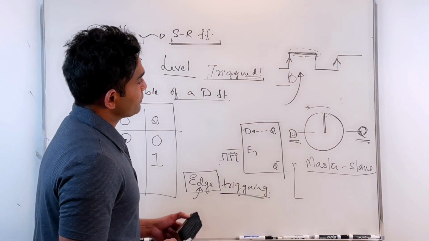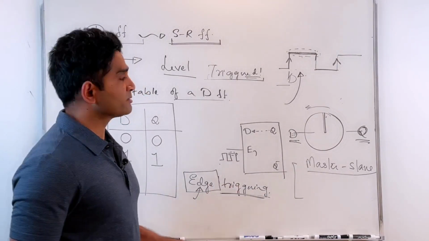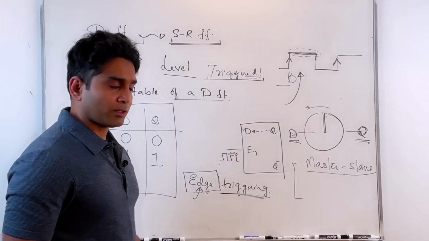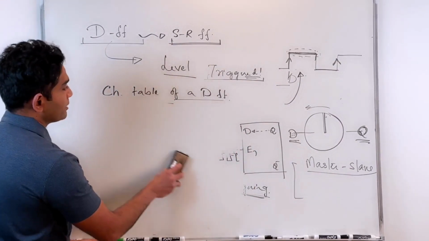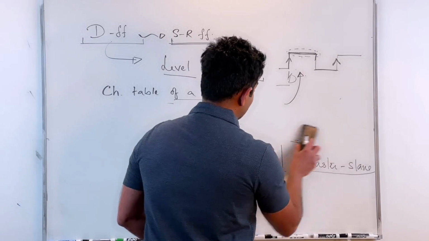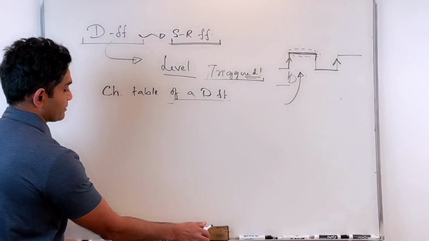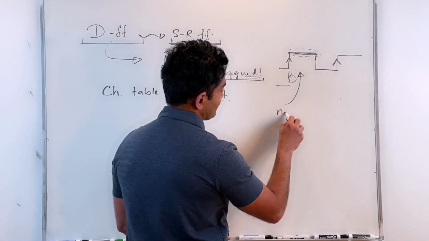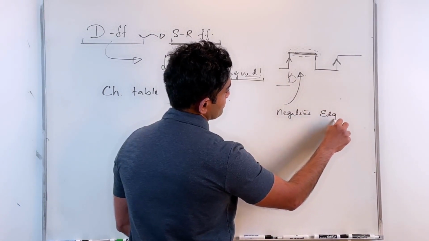Okay, and we saw that the output of the slave flip-flop basically functions as a negative edge triggered flip-flop, right? So that's how we derived a circuit that can actually give us an edge triggering mechanism. And in the last example, we looked at a circuit that was a negative edge triggered flip-flop.